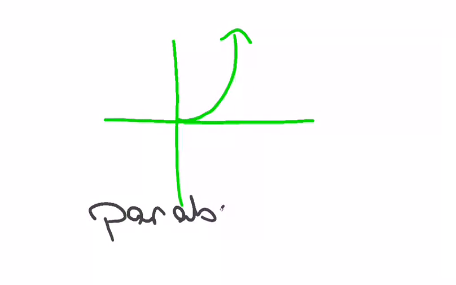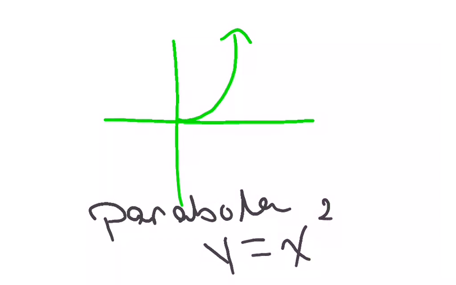So in this case, it's a parabola. Now we know that the easiest, simplest, basic graph of a parabola is y equals x squared. So this is what we're going to know and use for the second part.